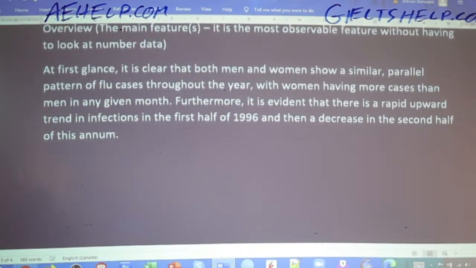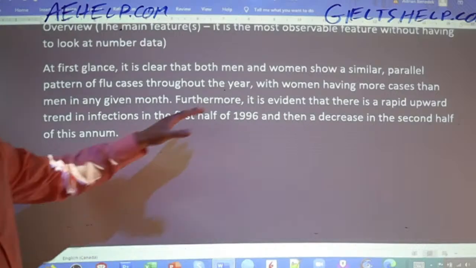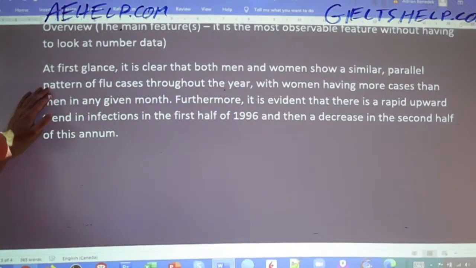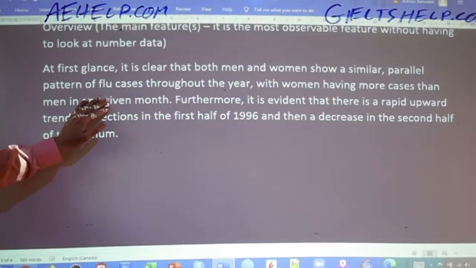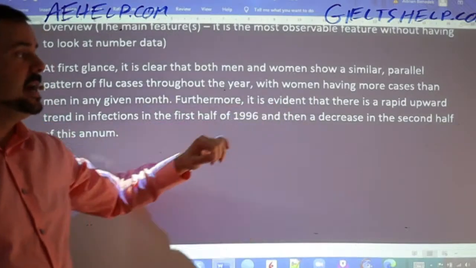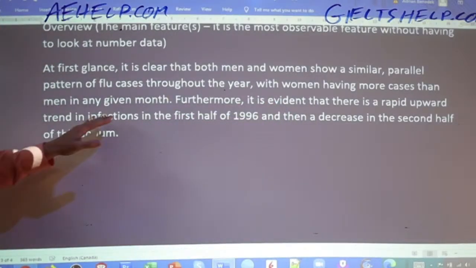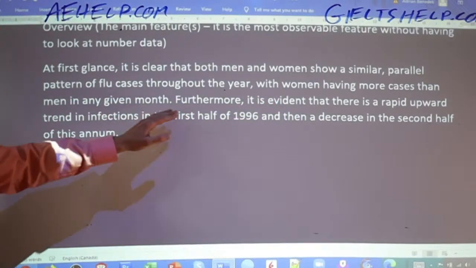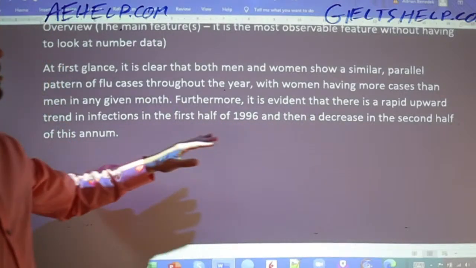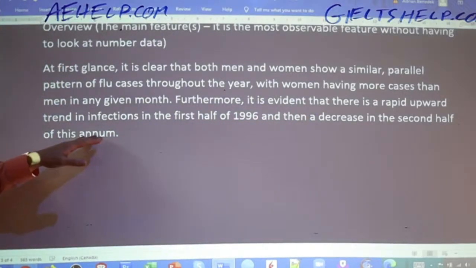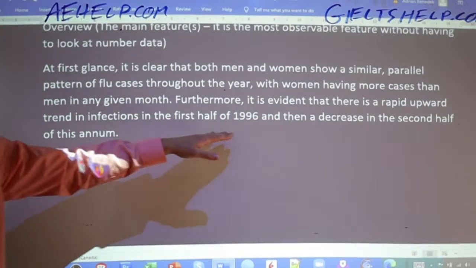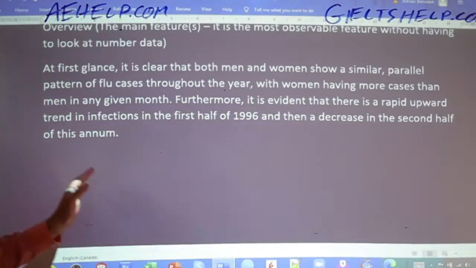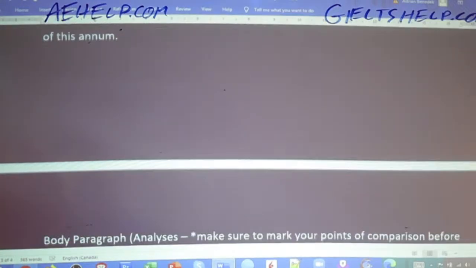At first glance, it is clear that both men and women show a similar parallel pattern of flu cases throughout the year, with women having more cases than men in any given month. Furthermore, it is evident that there is a rapid upward trend in infections in the first half of 96 and then a decrease in the second half of this annum.